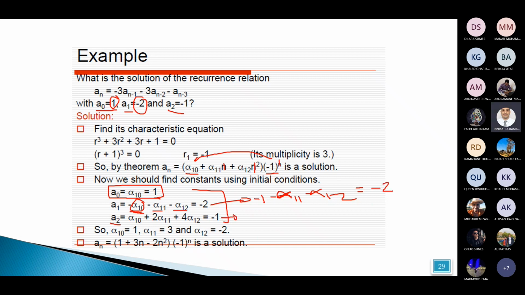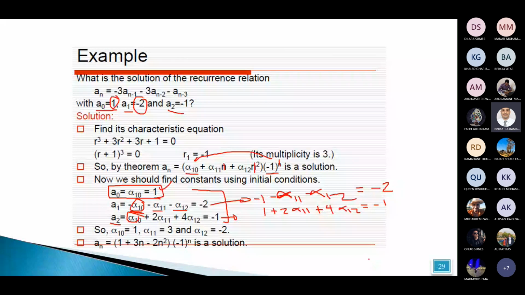This equation, same issue. Instead of α_{1,0}, we put 1. So 1 here plus 2α_{1,1} plus 4α_{1,2} equal -1.